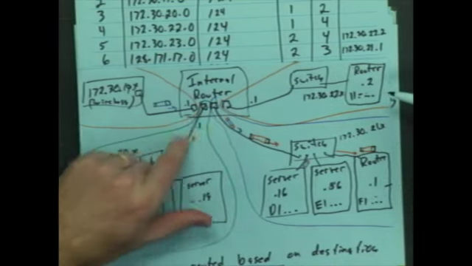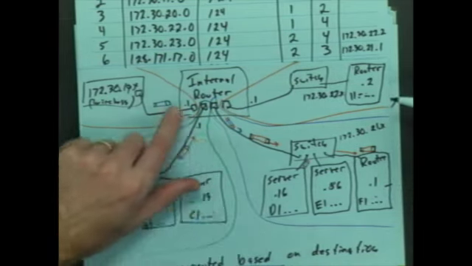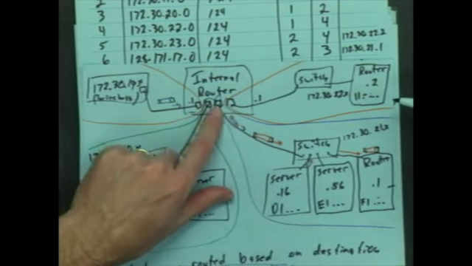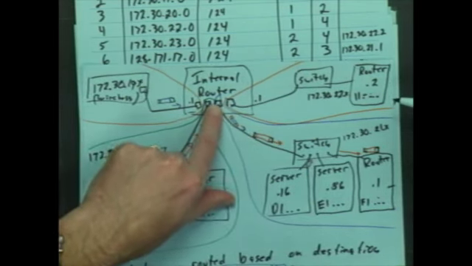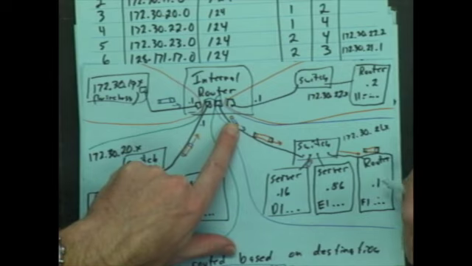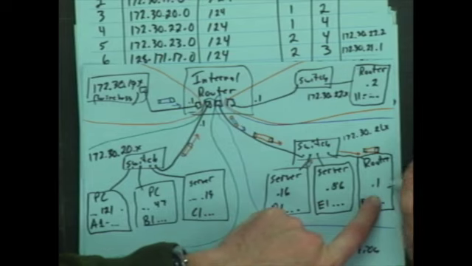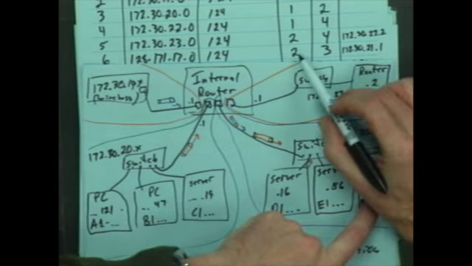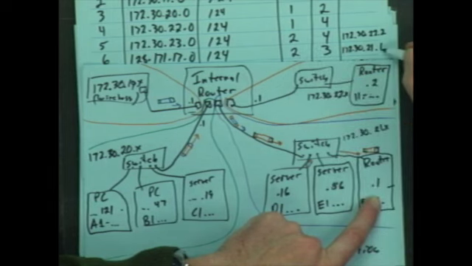So this internal router needs to put the packet into a frame addressed to this router, because it needs to go to this router in order to be delivered further. You see that? There are 2 hops here. It has to go to this router next. That's why it's its next hop router.